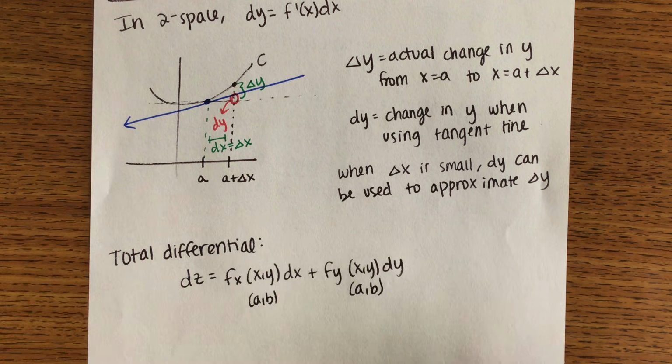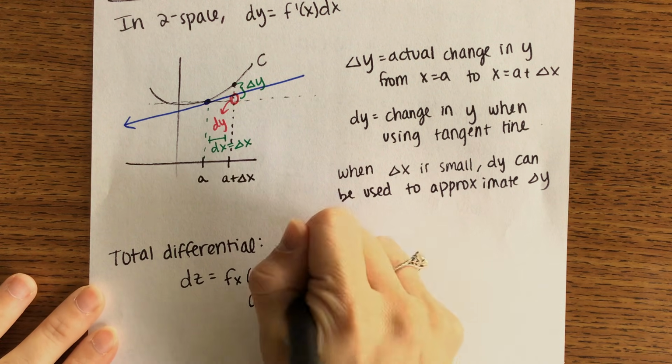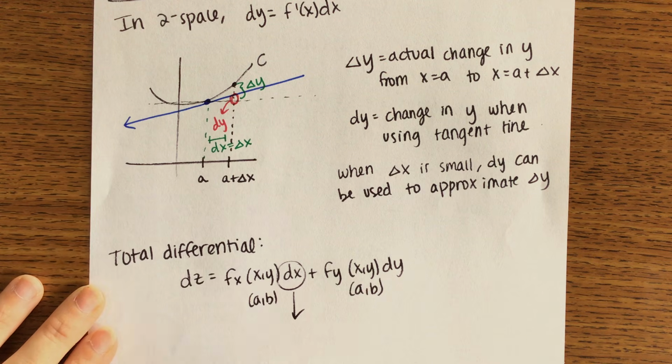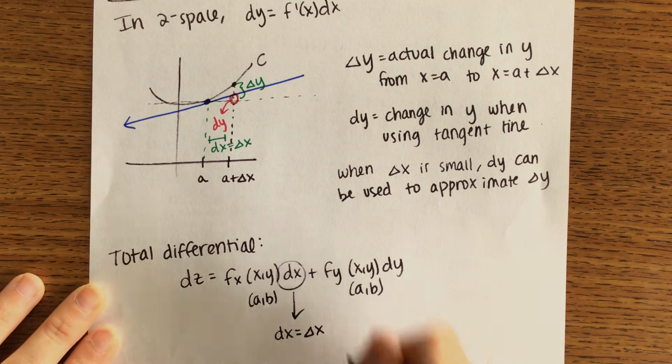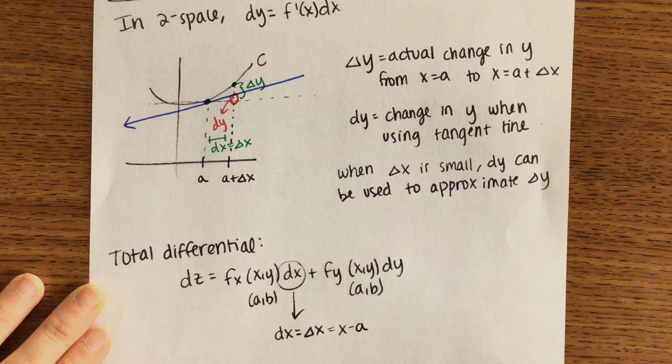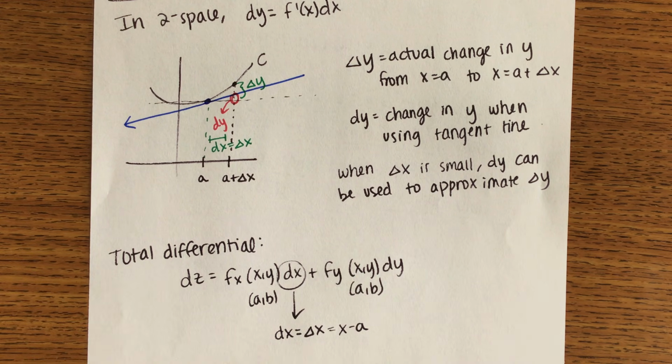So you're going to be substituting a point in, so just know if you see AB instead of xy, it just means the point is substituted in already. Okay. This dx is going to be the real change in x, which is going to be x minus a. Same idea with dy.